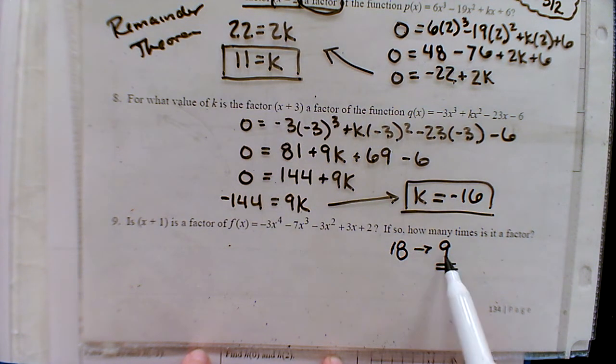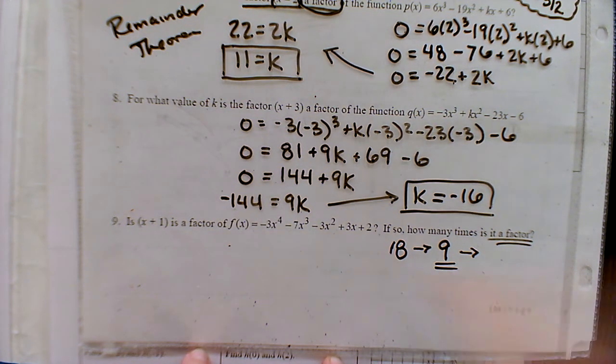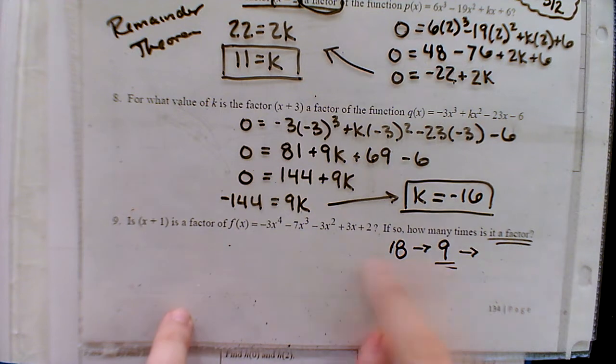How many times does 2 go into 9? 4. Does it go in evenly, though? Remember, is it a factor? How many times is it a factor? Does 2 go into 9 evenly? No. So 2 is a factor of 18 just once. That's how many times it evenly goes into it.